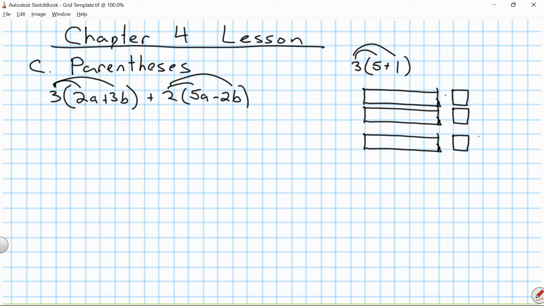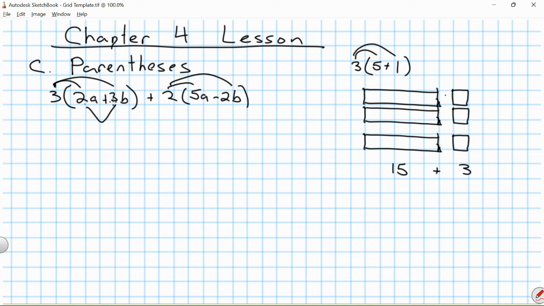So what distribution allows us to do is to say, I can do this without combining 5 plus 1. I can say that 3 times 5 is 15, and 3 times 1 is 3, and then I can just add those things together afterwards. Now, you wouldn't need to do that with this problem because it's arithmetic.